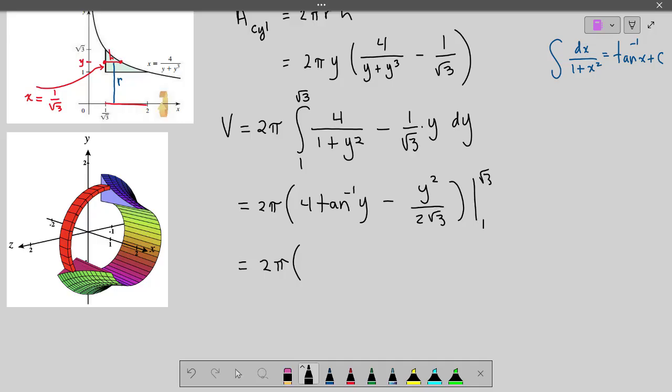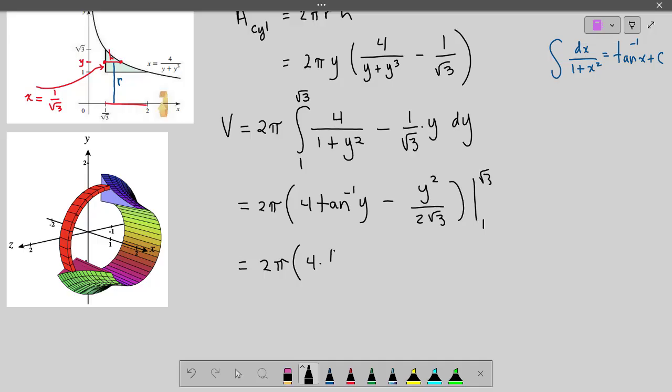When we go up to root 3, so arctangent of root 3, that's going to be the angle that has a slope of root 3. When we're on the unit circle down here at pi over 6, that has a slope of 1 over root 3. When we're up at pi over 3, that's going to have a slope of root 3. So arctan of root 3 is the angle with a slope of root 3, which is pi thirds.